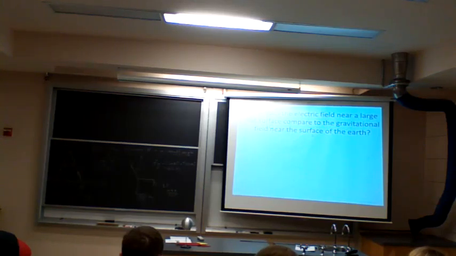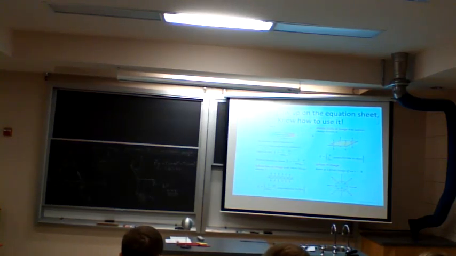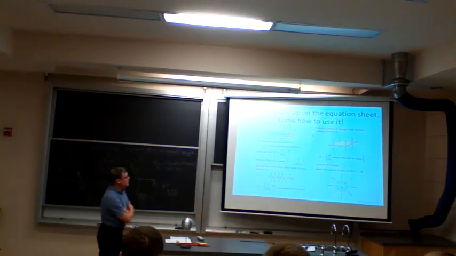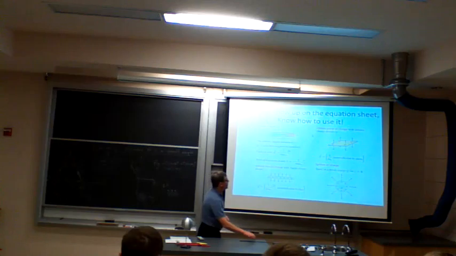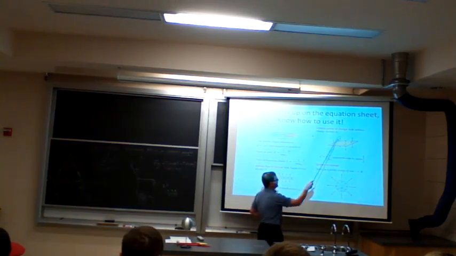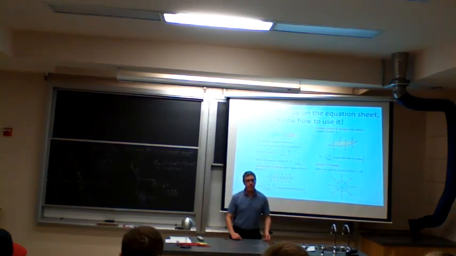So the first question is, if I have a large plate, how does that compare to the gravitational surface of the Earth? If we look at the electric field, what do we notice about the electric field lines going up from that plate?